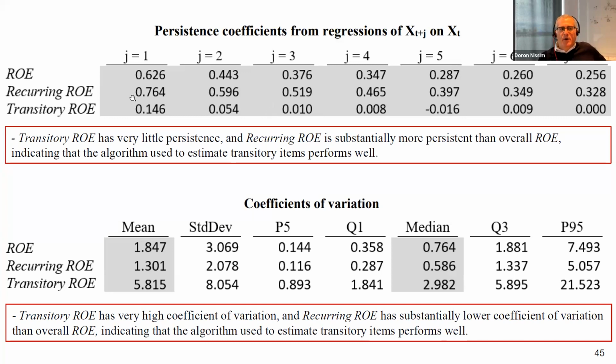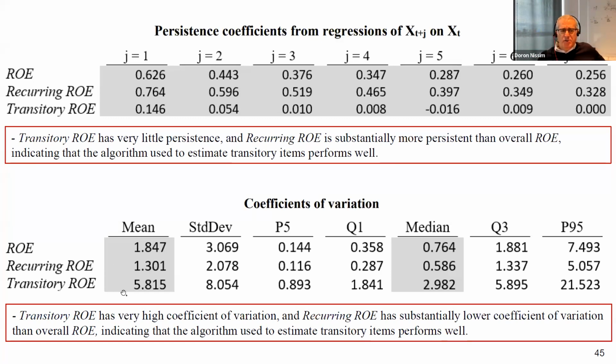And again, once you remove transitory items, the recurring ROE becomes much more persistent than the total ROE. So this is another indication that this algorithm for identifying transitory items works well. Similarly, with the coefficient of variation, the transitory ROE, as you would expect, is very volatile relative to its mean. That's what you expect from transitory items.